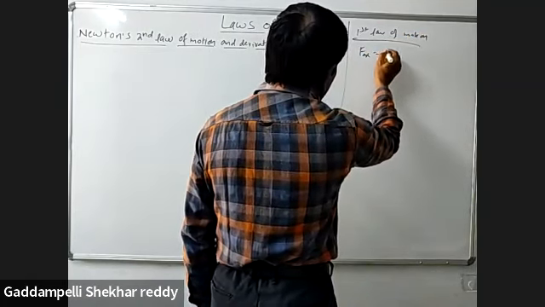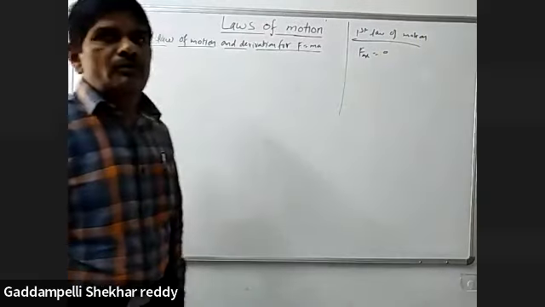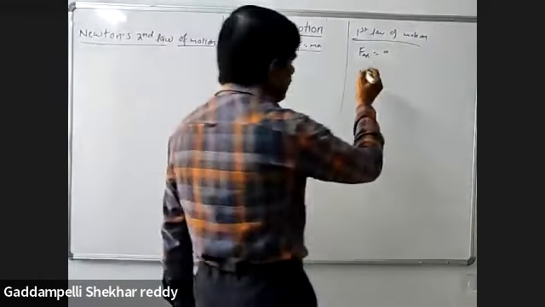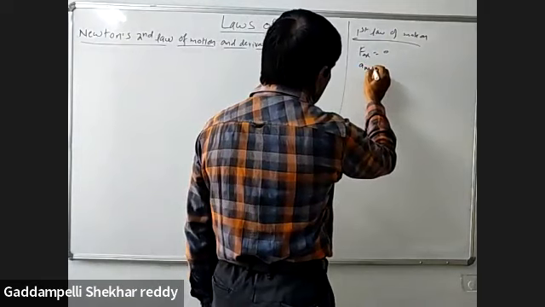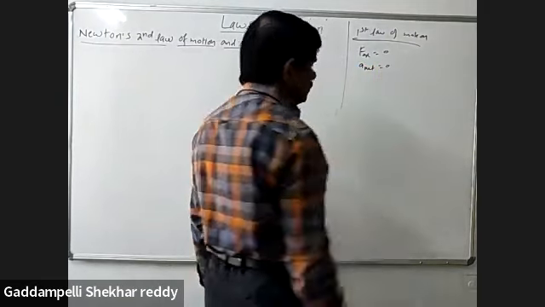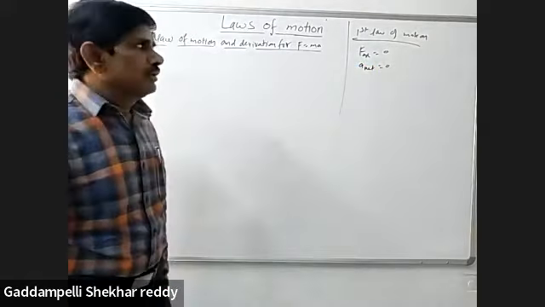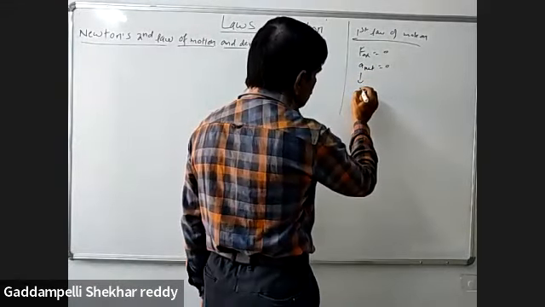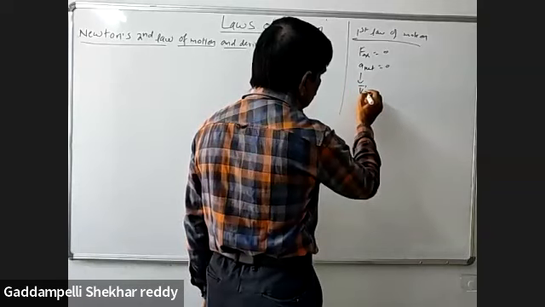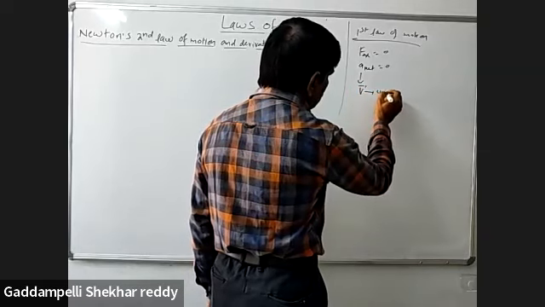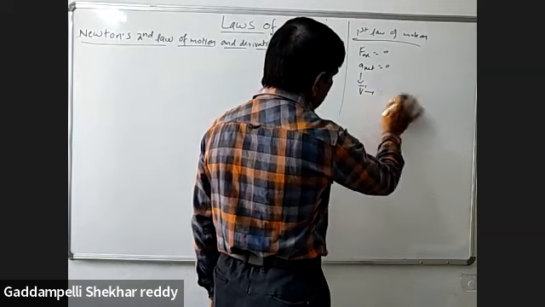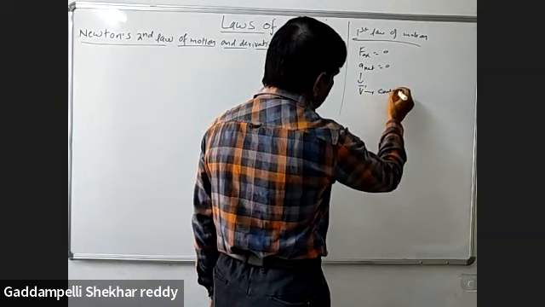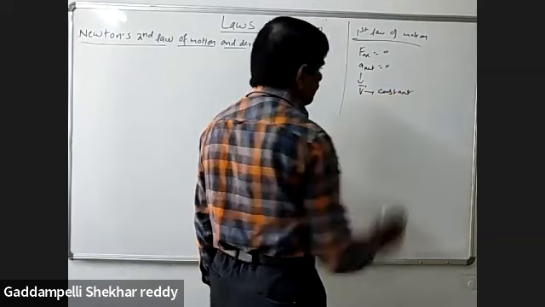If F external is 0, that means F net is 0, so a net is equal to 0, acceleration 0. A net 0 means the body moves with a constant velocity.